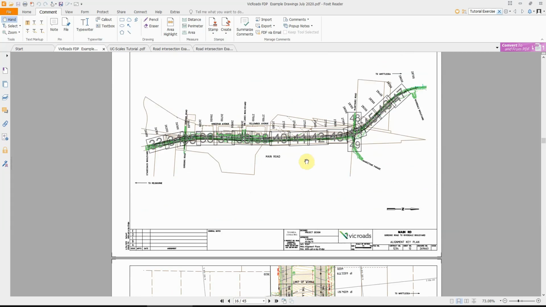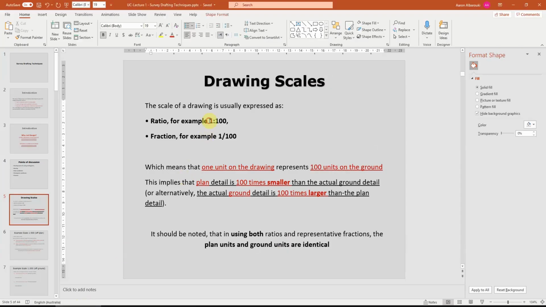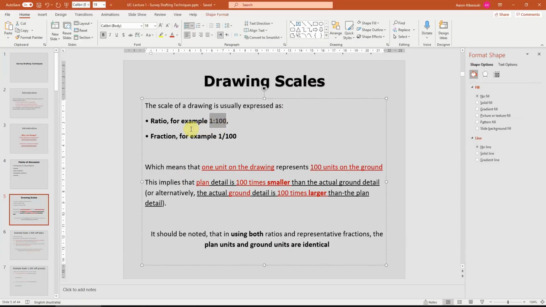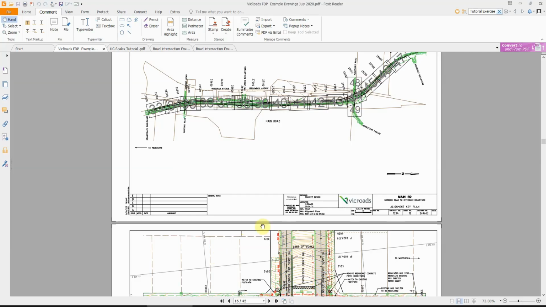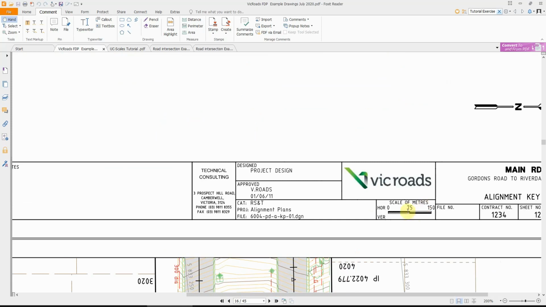This is number one. Number two, as we agreed, drawings usually have a scale specified on the plan, similar to what I showed you here in text form giving the exact scale, or it could be a scale bar like this.